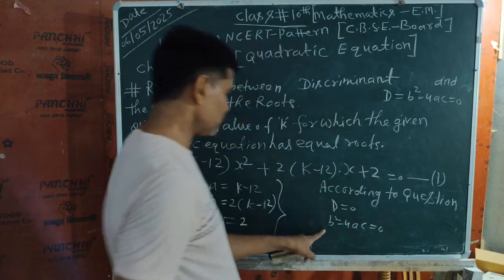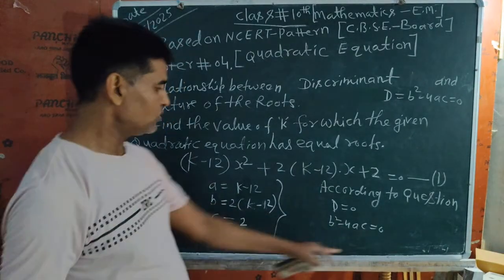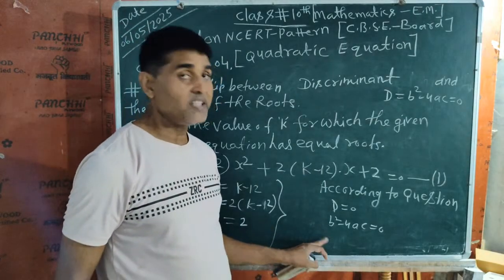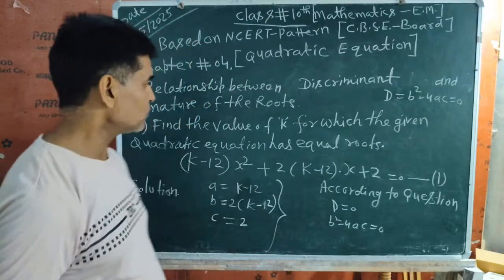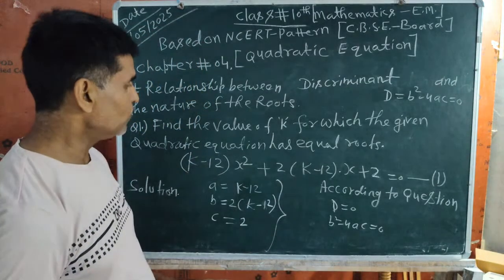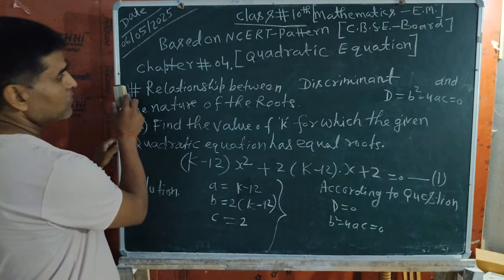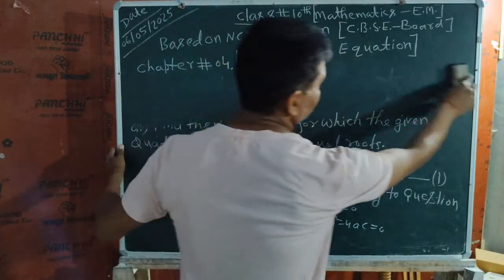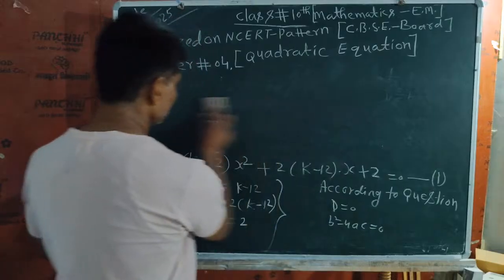So I will put the value of b from here, the value of a also from here, the value of c also from here. After putting here, I will simplify. After simplifying, I will get the value of k. Okay student, so further I am going to erase the above data for further calculation.